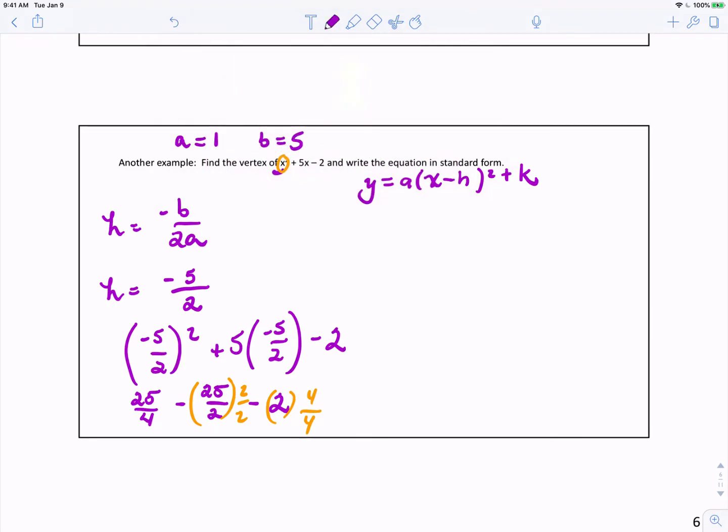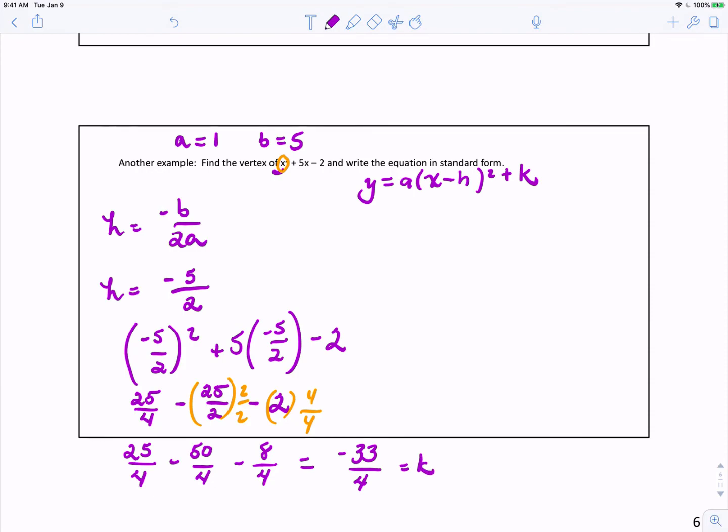That gives us 25 over 4 minus 50 over 4 minus 8 over 4. And if we do all of that computation, that's going to be negative 25 minus 8. That's going to be negative 33 over 4. And that is equal to k.